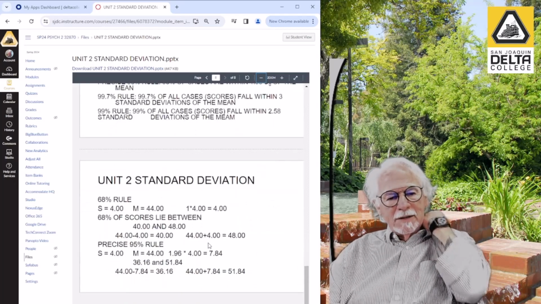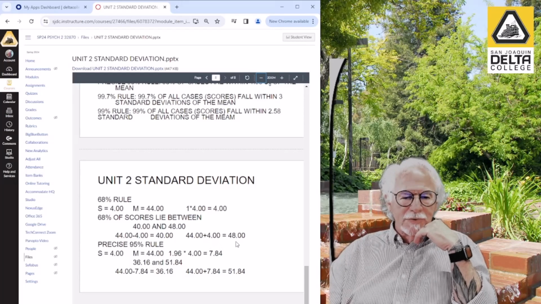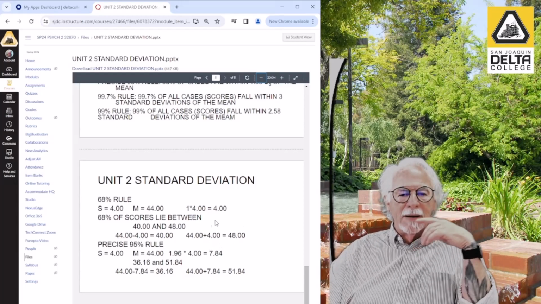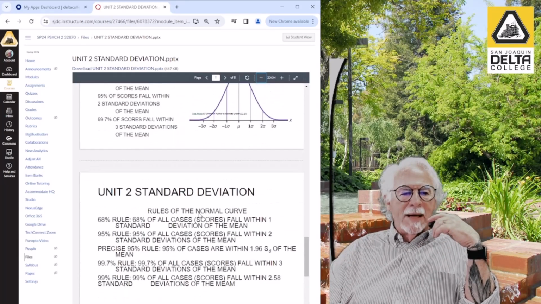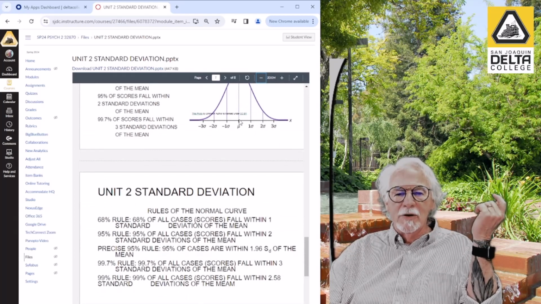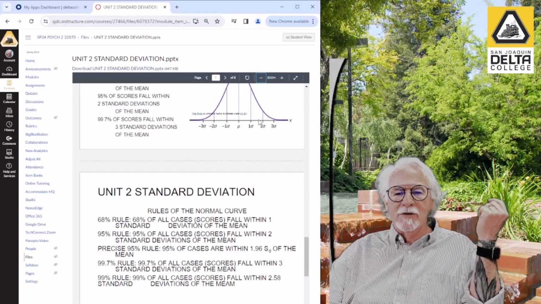Now let's talk more about the precise rules a little bit, just so you can do it. Whatever I want, for the 95% rule, I just do 2 standard deviations. So if I want to know what the score is at 2 standard deviations, it's 44 plus 4 is 48, plus 4 is 52.